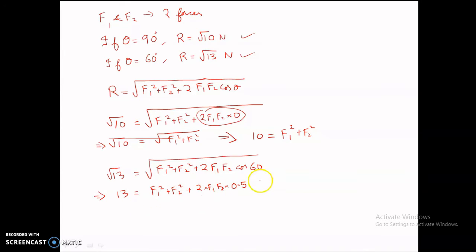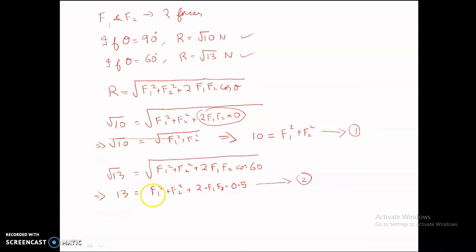So comparing these two relations, this is equation number 1 and this is equation number 2. On solving these two, we will get the values for F1 and F2.